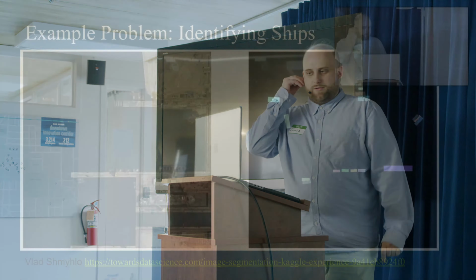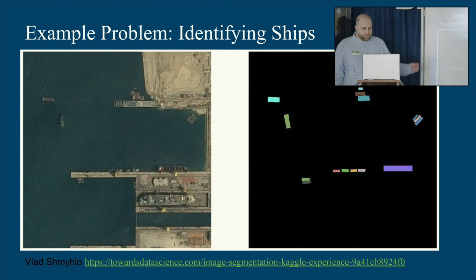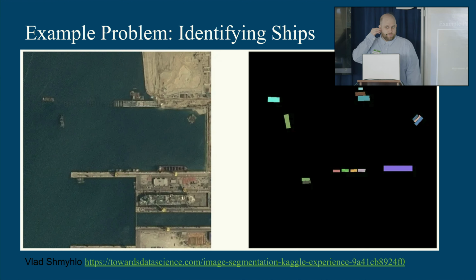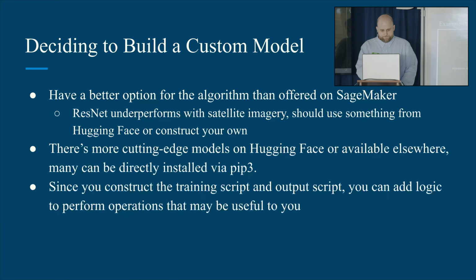I have this set up here where you can see what the image looks like in the ground truth. Running this on SageMaker, using default options for semantic segmentation, you'll be stuck with ResNet 50 or ResNet 100.